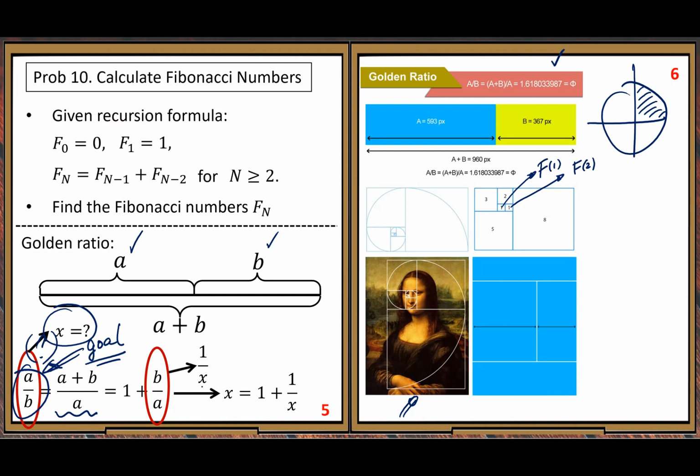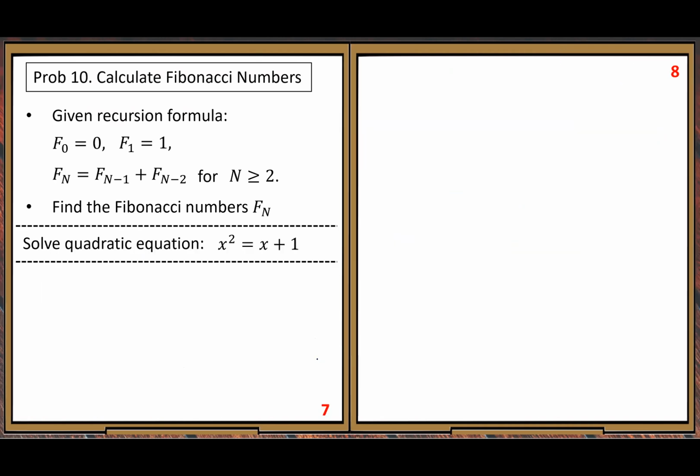One variable, one equation, should not be too hard. We simplify it to a quadratic equation, x squared equals x plus 1. Next, let's find a solution by solving the quadratic equation.